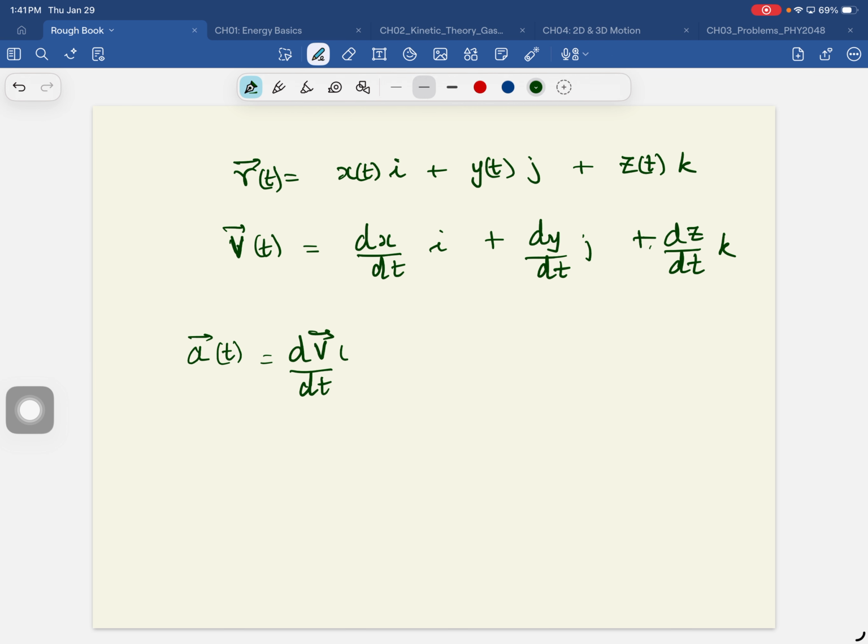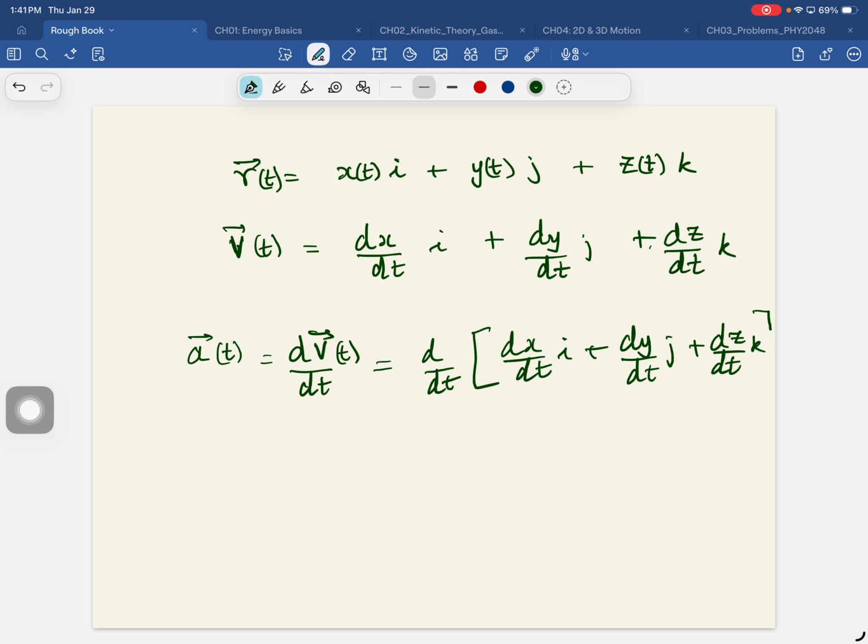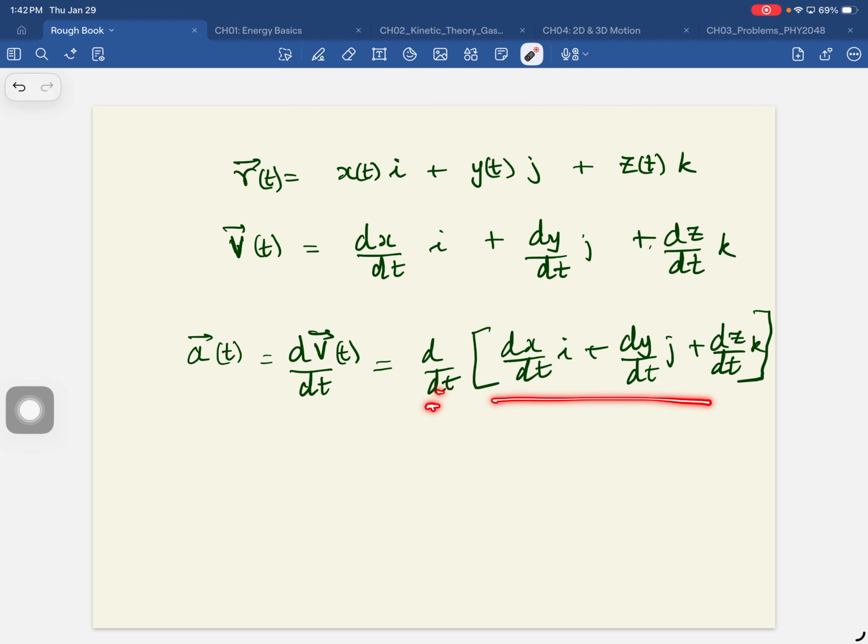If your velocity does not change with time, that means your acceleration is 0. So we are now taking the derivative with respect to time, dt. If you take a derivative of this vector, it will become a second derivative, that'll become a second derivative, and that'll become a second derivative.